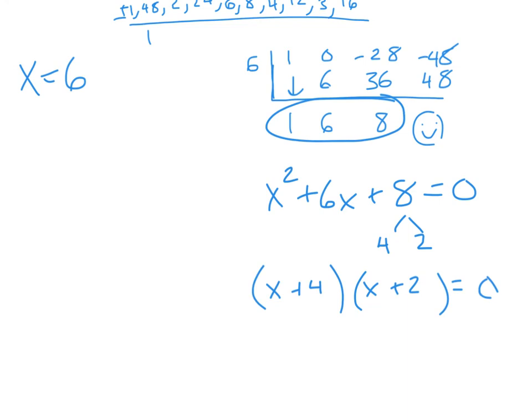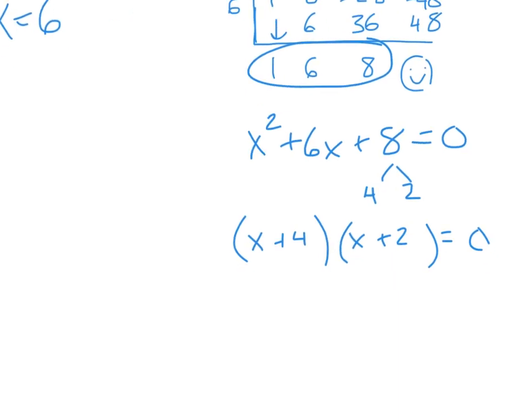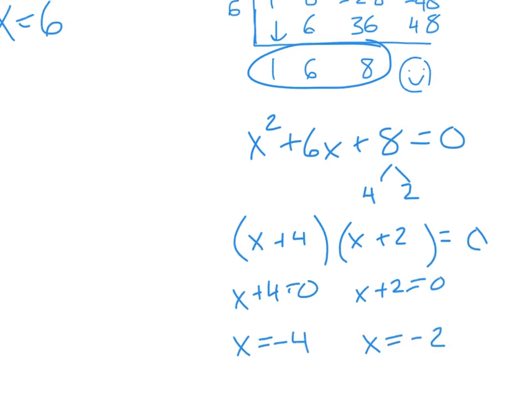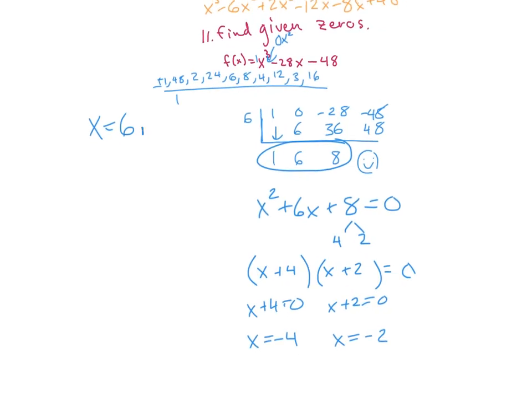Our goal is to find the zeros, so what's the last thing we need to do? Set them equal to 0. Awesome. x plus 4 is equal to 0. x plus 2 is equal to 0. And we just solve both of these, so x is equal to negative 4, and x is equal to negative 2. So up here, we get 6, negative 4, and negative 2.